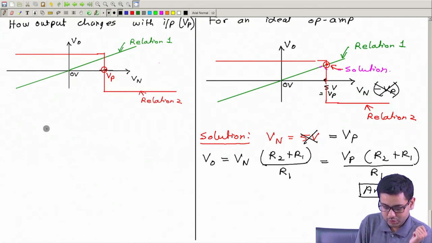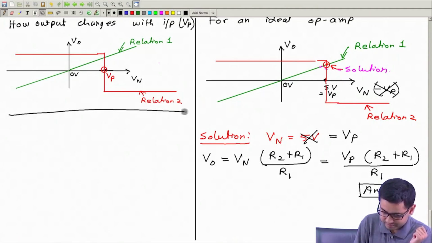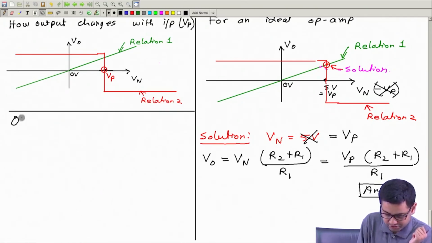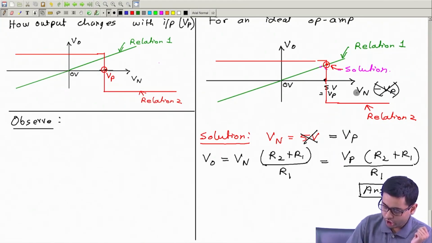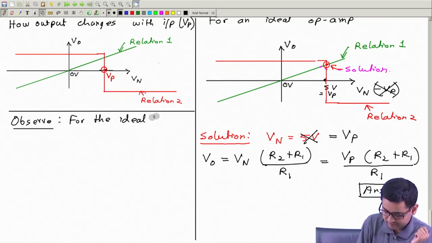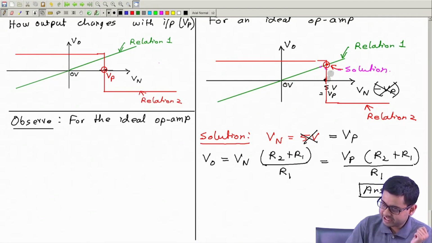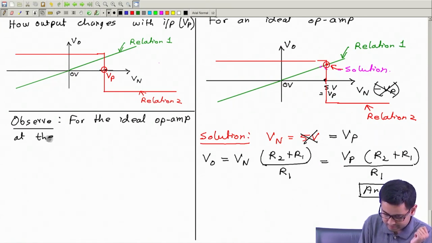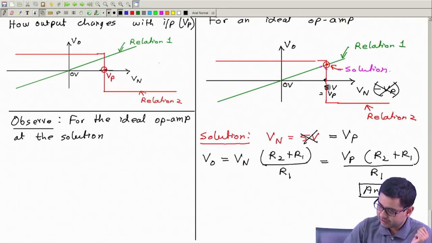Now next thing, let's observe that for this ideal op amp, at the solution, that means at this crossing point, this value of Vn is how much?